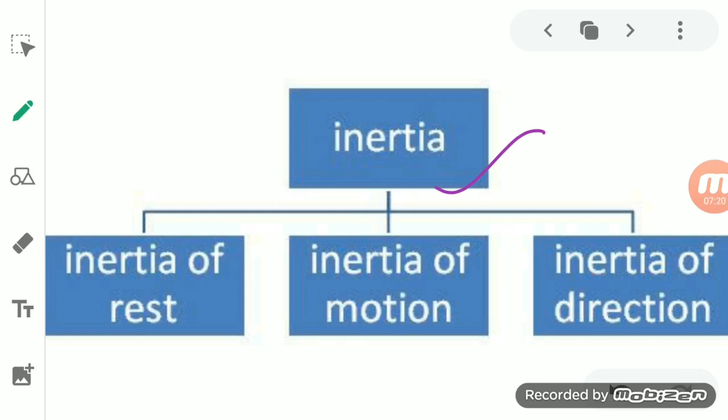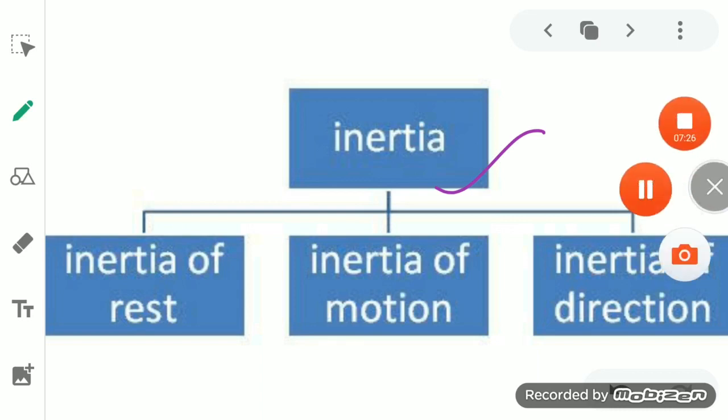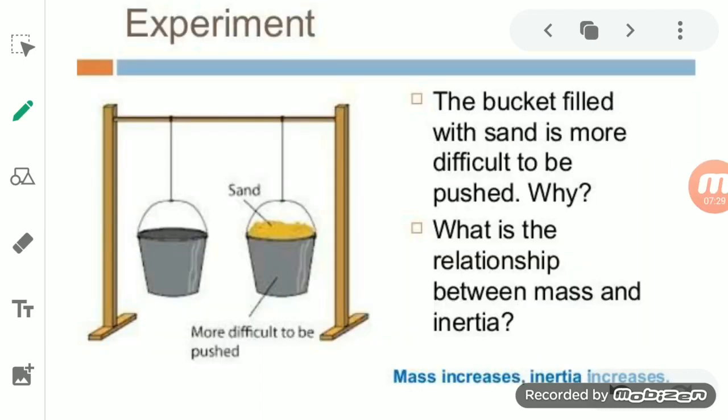Now inertia also varies. How? The greater the inertia of a body, the greater the force required to bring a change in its state.